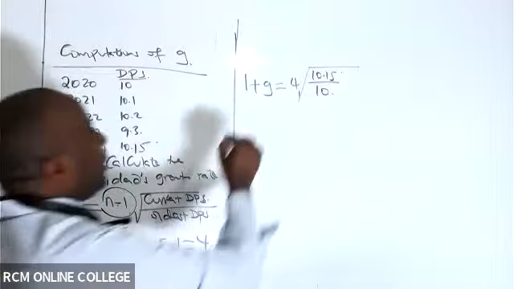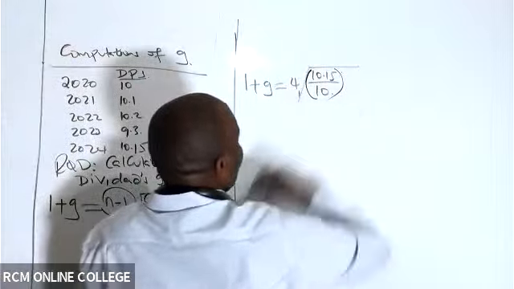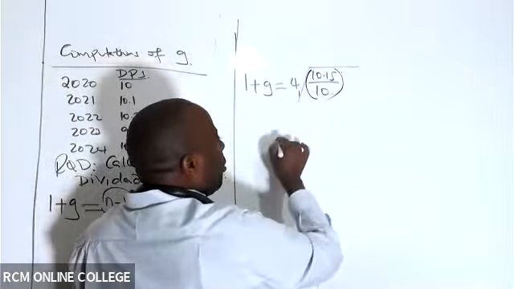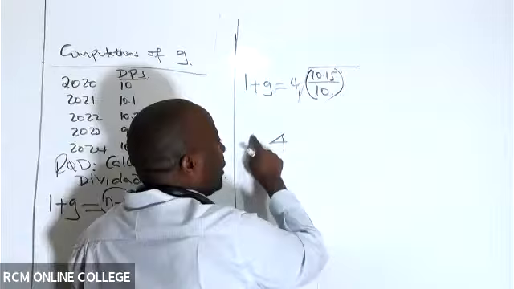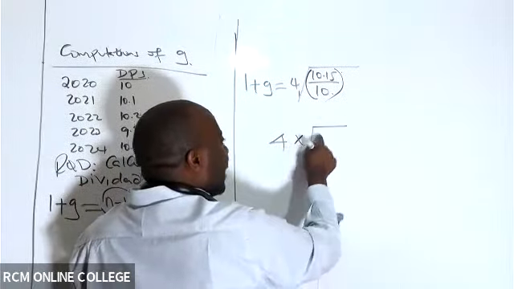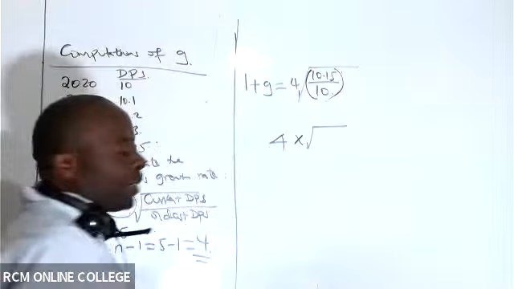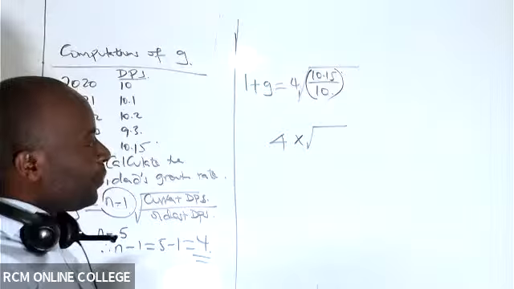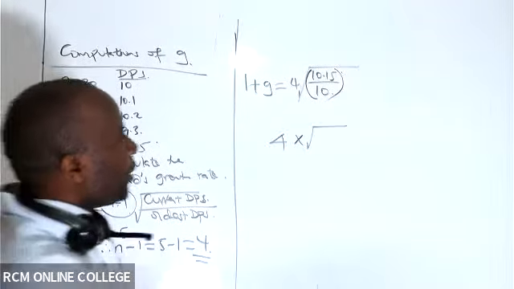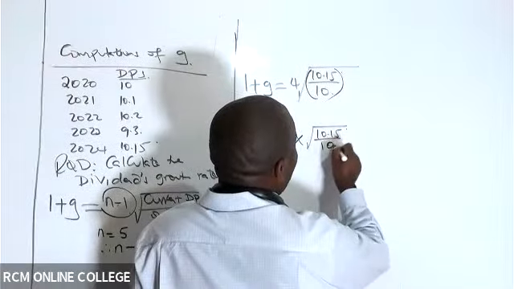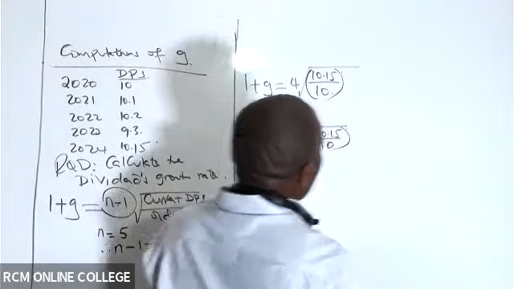So please remember to put this in brackets. And remember, we are not using the normal square root. I will say 4, and then I say shift, so that we get the x root. We are making use of the x root. So 4 x root, then we have 10.15 divided by 10. Ensure you're putting this in brackets.